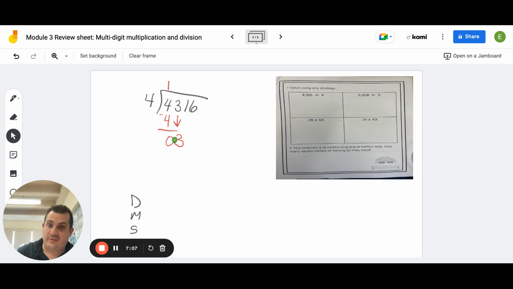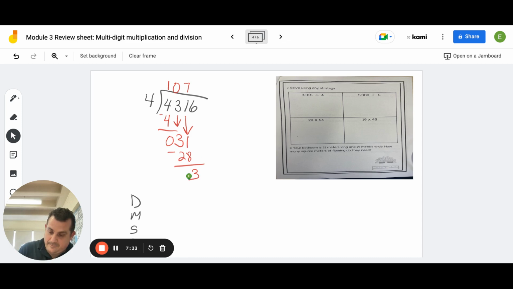Can 4 go into 3? It can't go into 3, so I put a 0. Now I have to bring down the 1. Now it's 4 into 31. How many times can 4 go into 31 without going over? Well, 4 times 7 is 28. 4 times 8 is 32. So 4 times 8 is too much. So 4 times 7 is 28. Subtract.